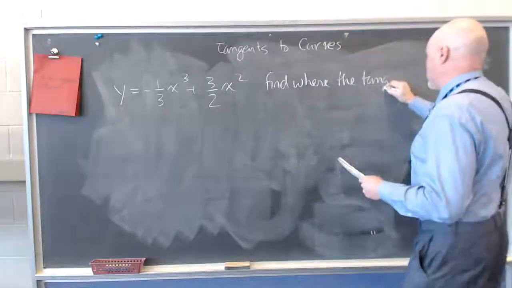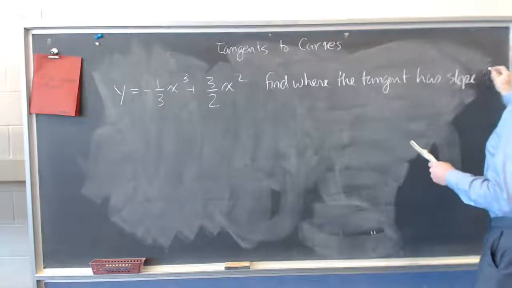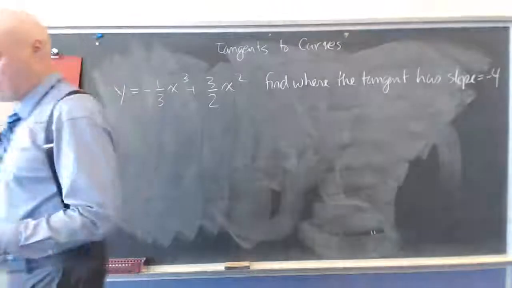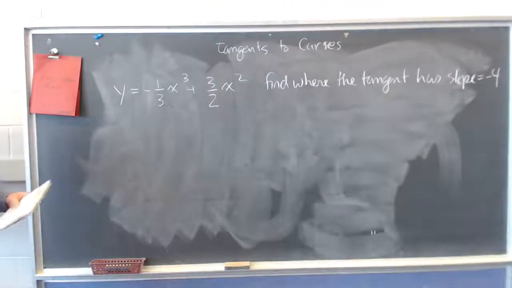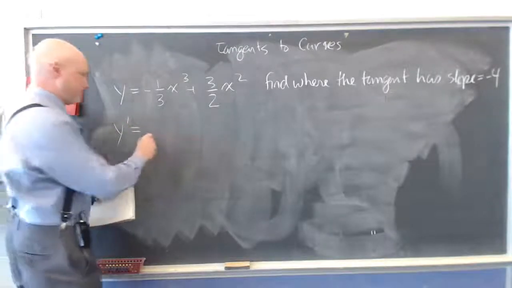So we're going to find out where the tangent has slope equal to -4. Hey, what should we do? Any ideas? I take that clicking noise as meaning take the derivative.